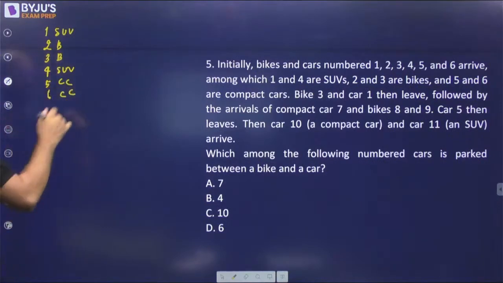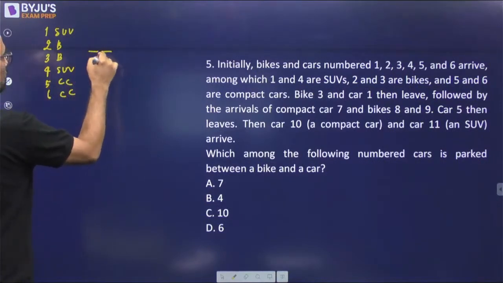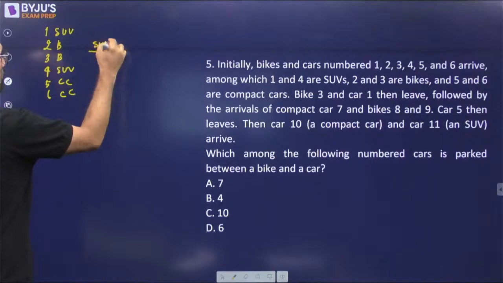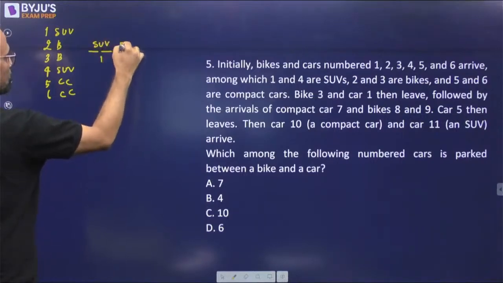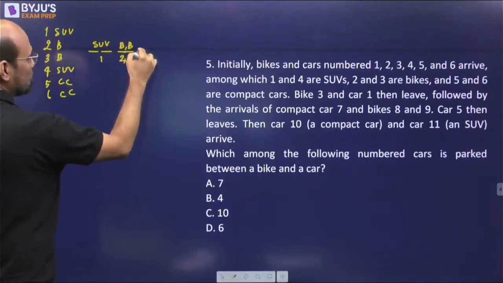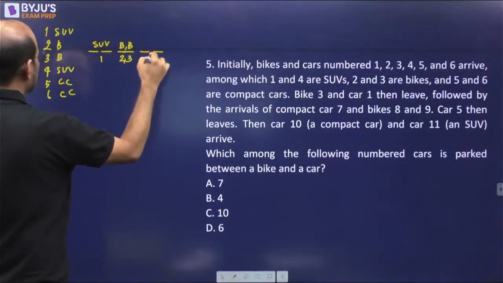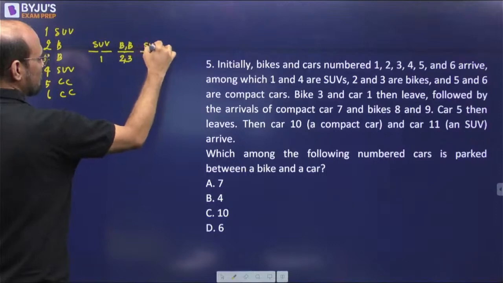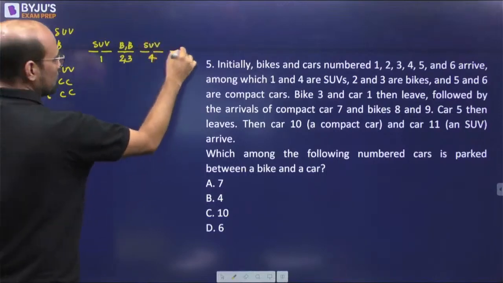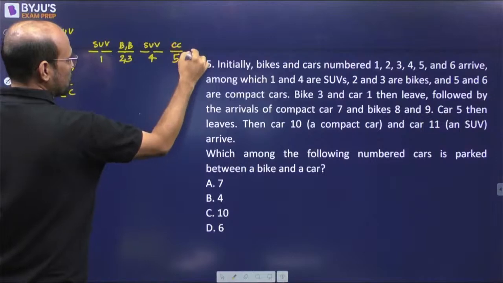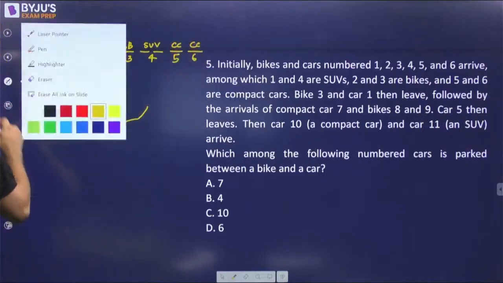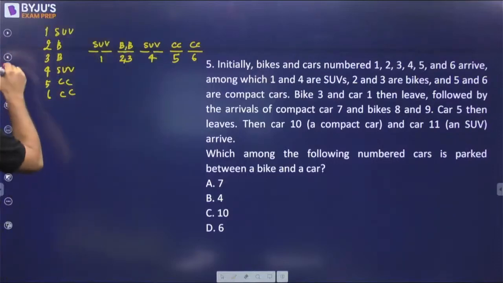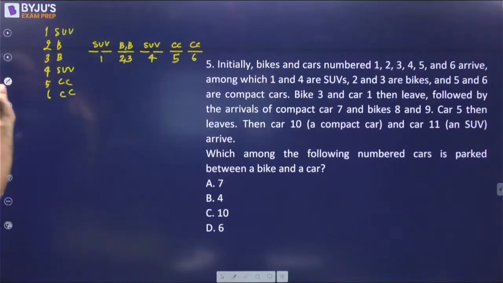So depending on this, 1 will have an SUV, 2 and 3 will have a bike and a bike, 4 is going to take an SUV, 2 parking spots, 5 will have a compact car, and 6 will have a compact car. Right? So this is the sequence.